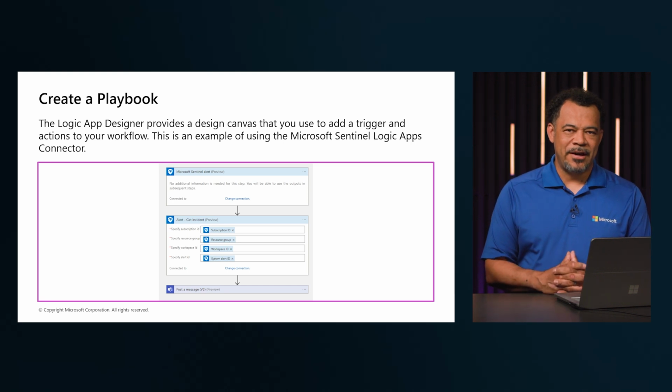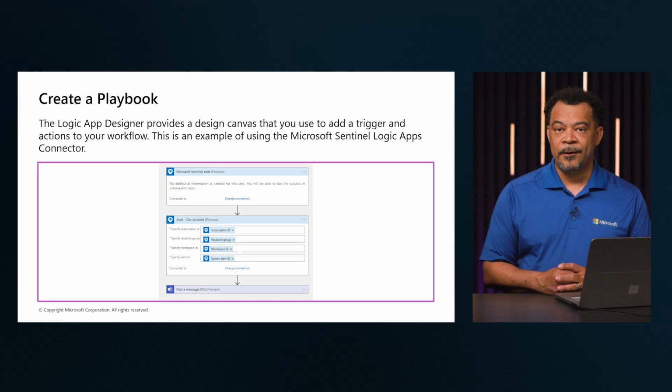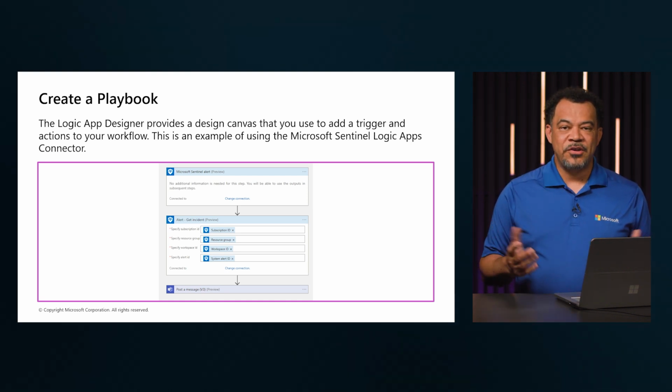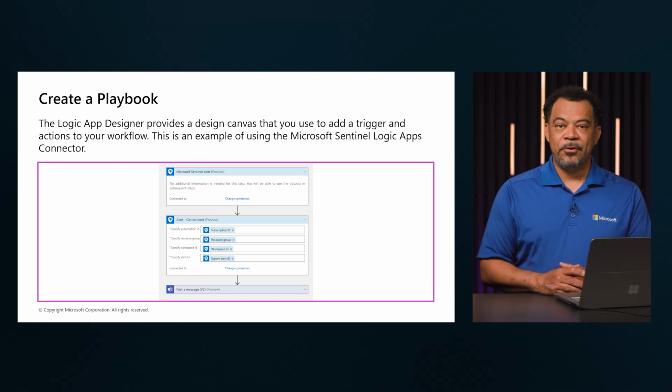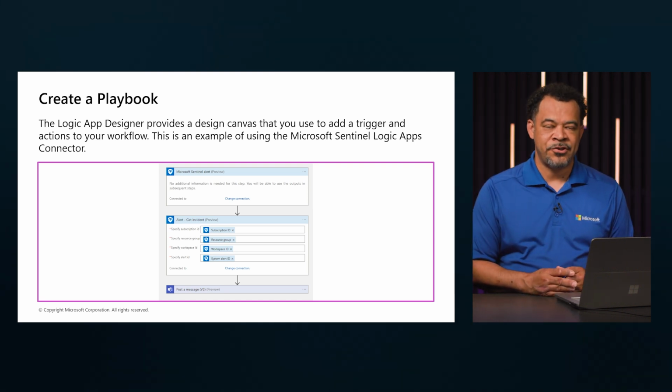The Logic App Designer in Microsoft Sentinel enables the creation of automated workflows by chaining together triggers and actions on a visual canvas. In the example you see here, the workflow begins with a Sentinel alert trigger, which captures incident data without requiring additional configuration.